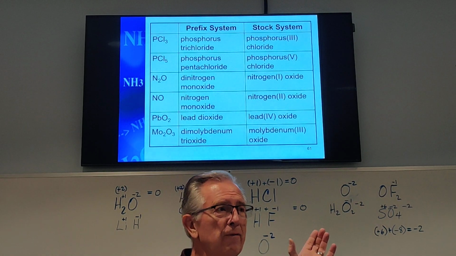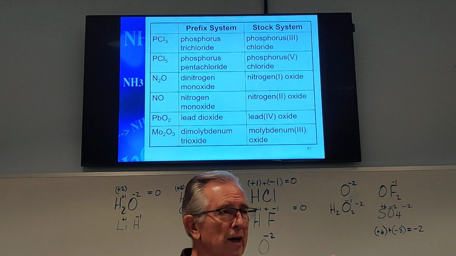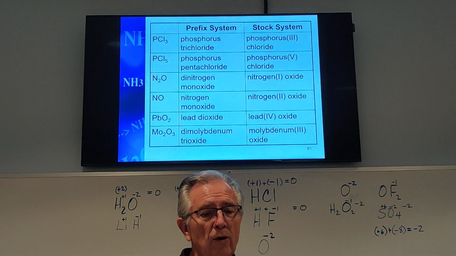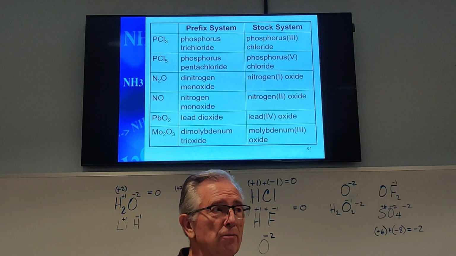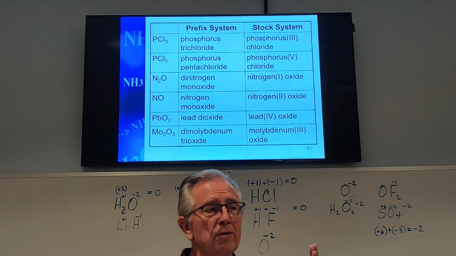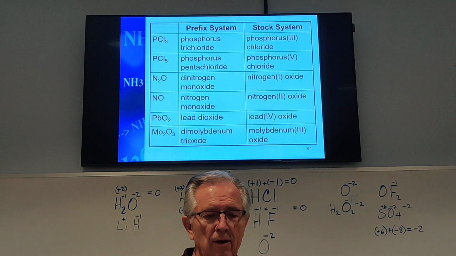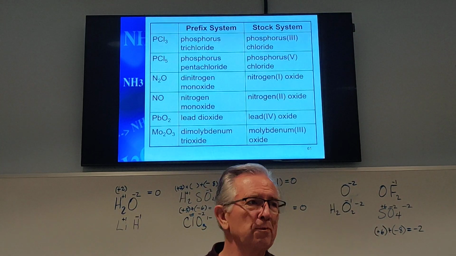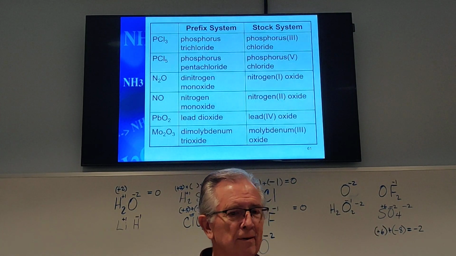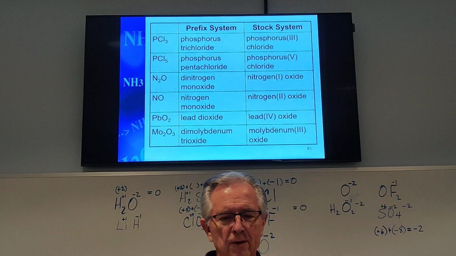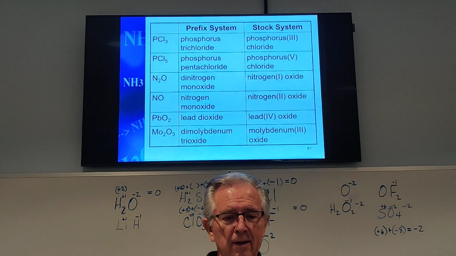So the first one's just going to be phosphorus, and then the second one is going to be chloride, and then there's 3 of them, so it'd be phosphorus trichloride. So I think the first column probably is pretty easy with the prefixes, right? Next one is going to be phosphorus pentachloride.